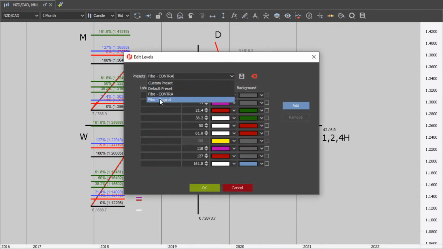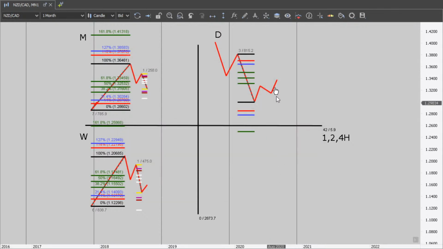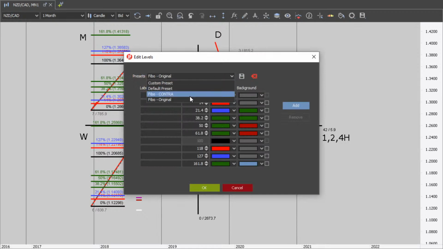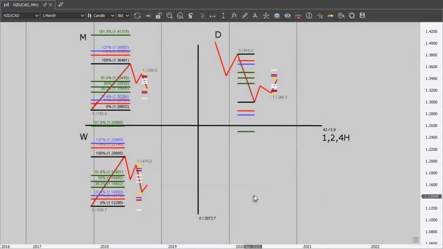Oh, you are not going to make it easy, right? No, we are here to learn. We are here to learn, everybody. And for the edit levels one more time, Contrarian. This is going to be the 1 hour chart, 4 hour chart is going to be like this. It's going to be like this, and one last time, Fibonacci retracement tool.